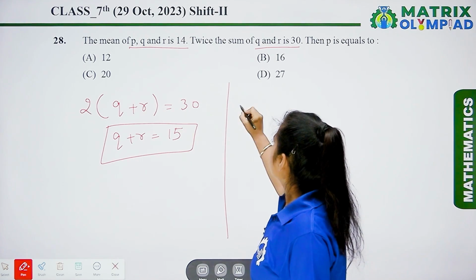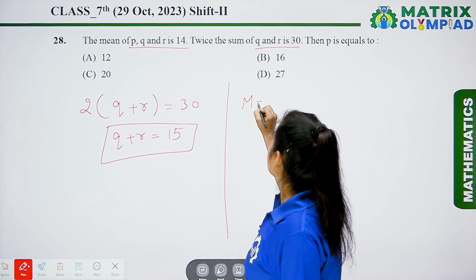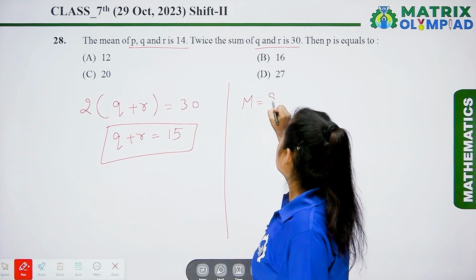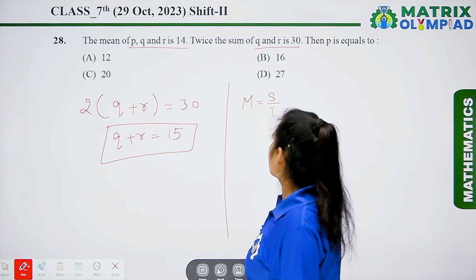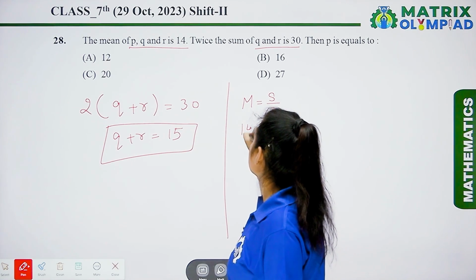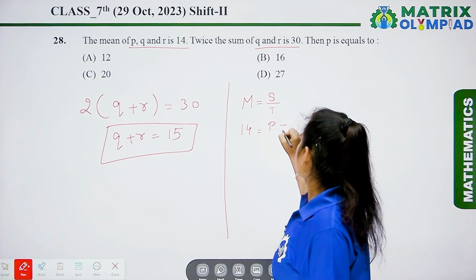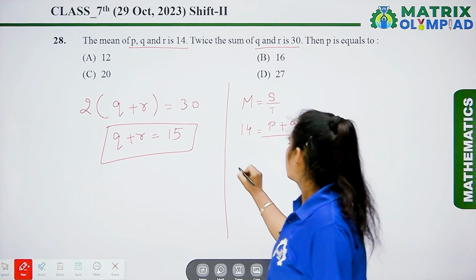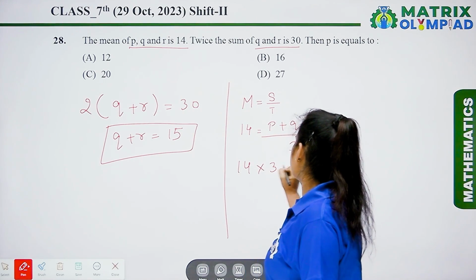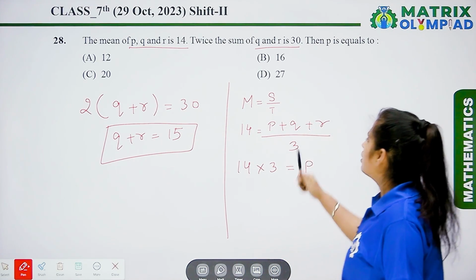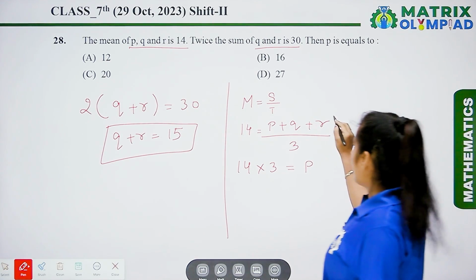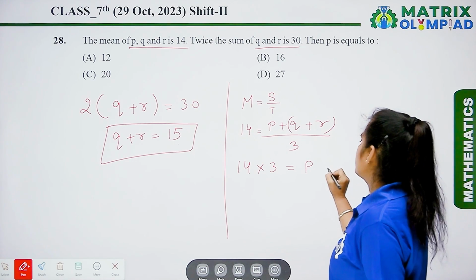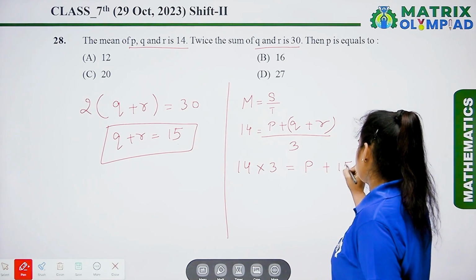Now let's place the values in the formula of mean is equal to sum of all observations upon total number of observations. So mean is given to us, that is 14, equal to P plus Q plus R upon 3. Now here 14 multiplied by 3 is equal to P plus Q plus R. In place of Q plus R, we are going to place the value of Q plus R, that is 15.